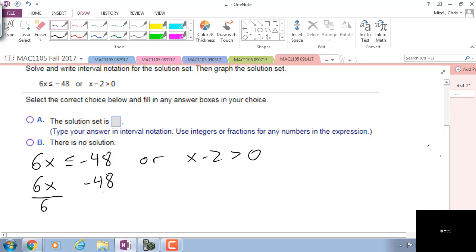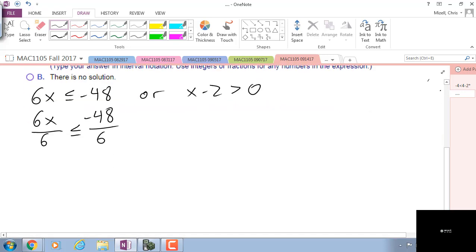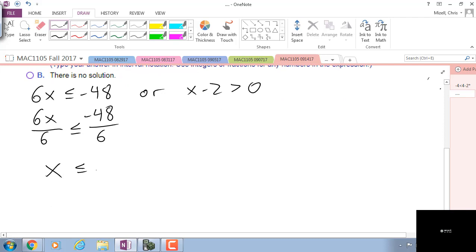Of course, we'll want to ask ourselves the question, leave the inequality symbol alone or reverse it? Leave it alone, because 6 is positive. And so we don't reverse the inequality symbol in that case. Simplify, and we get x is less than or equal to negative 8.